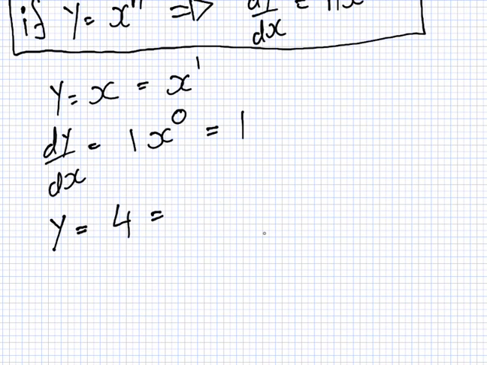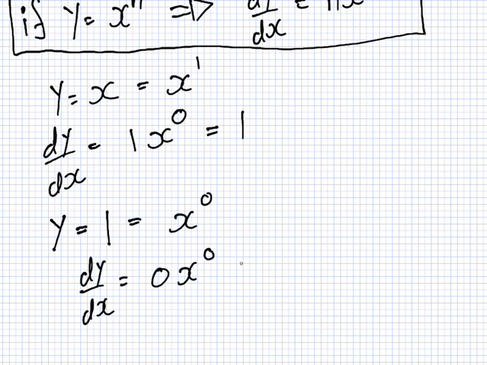Well actually we don't have to use 4, we can just make it easy for now. Let's just say 1. 1 is x to the power 0. So dy/dx would be 0x to the power, what power here? Minus 1. But anyways, I multiply it by 0, so what do I have? 0.